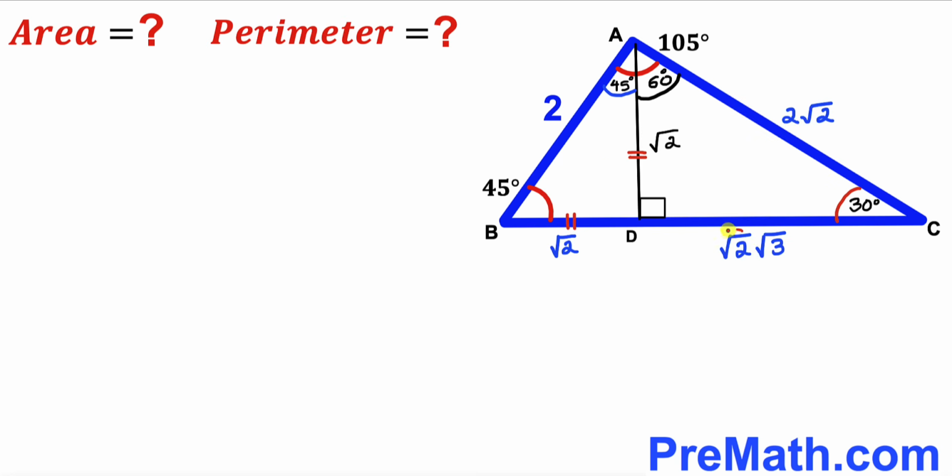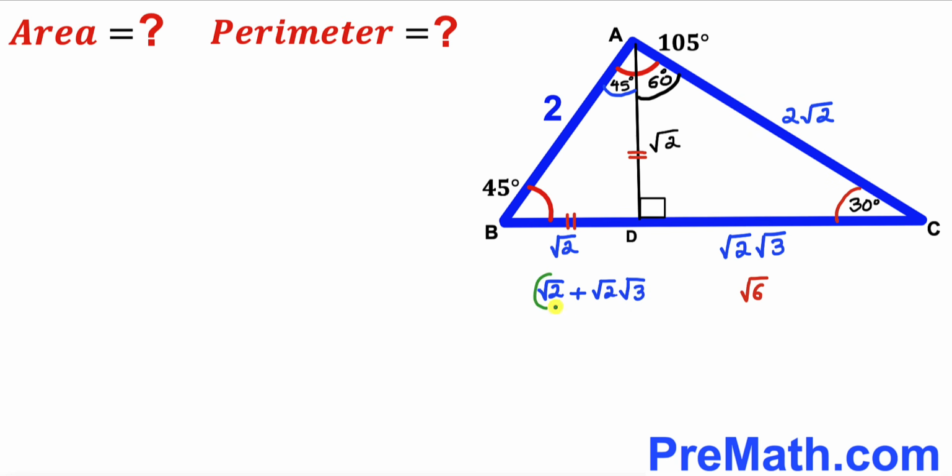And now we know that if we multiply these two radicals, that's going to be equal to the square root of 6. And now we are going to add these two individual numbers to calculate this side BC length. So if we add these two numbers, that is going to give us square root of 2 plus square root of 2 times the square root of 3.